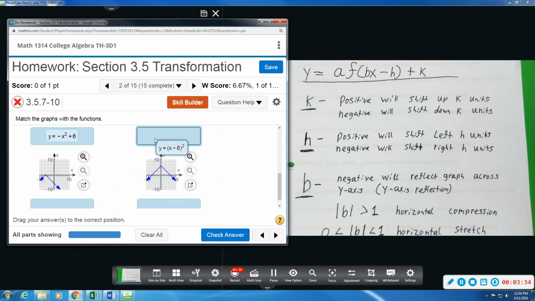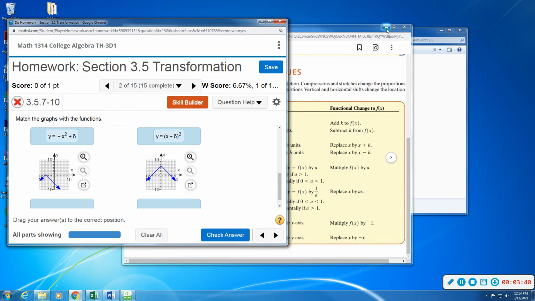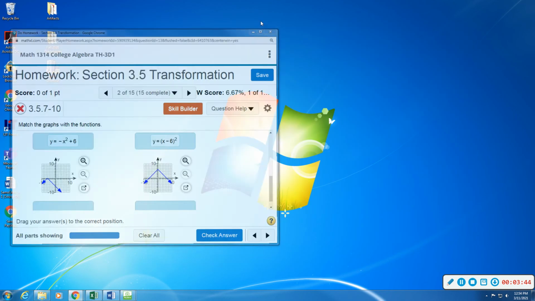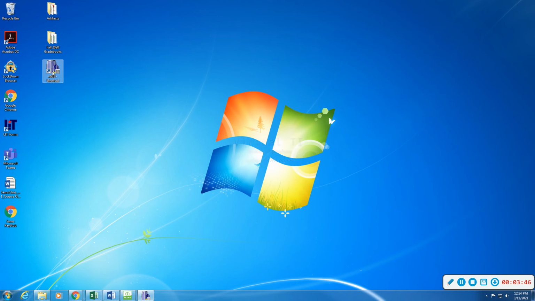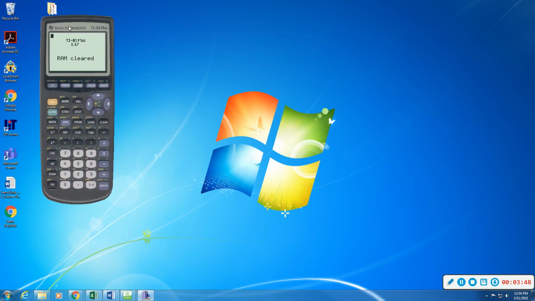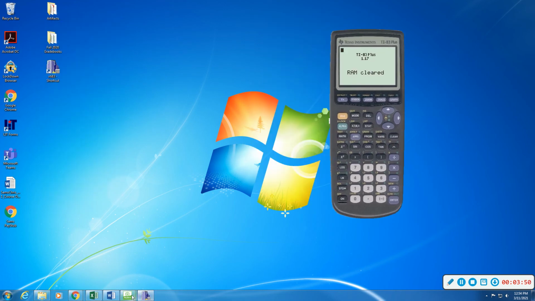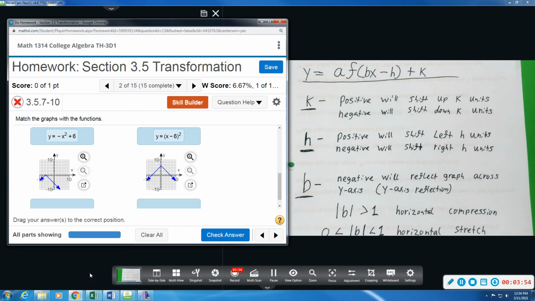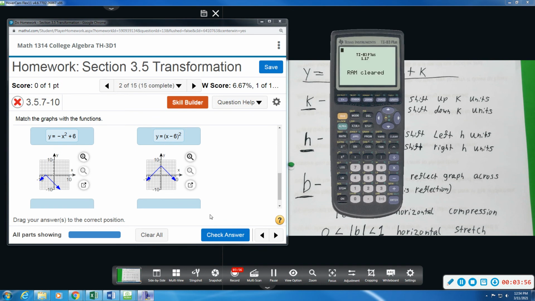And if you need, you can always graph and just verify. Move all of these. You do have that option. If you pull up the graphing calculator, let me get everything back. We can graph and verify.